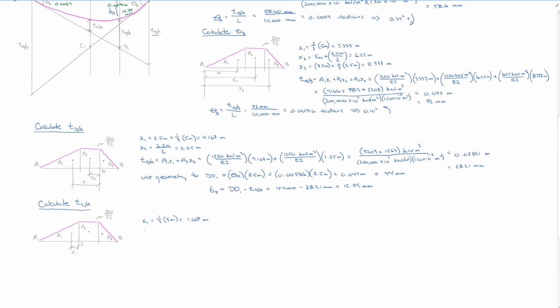We know area 1, so our tangent distance at C relative to A is equal to A1x1, which is equal to 1250 kilonewton meter squared divided by EI multiplied by the distance 1.667 meters.